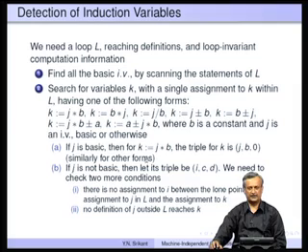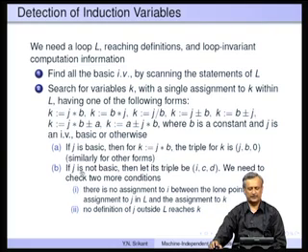If j is basic, then the triple for k is very simple: (j, b, 0). Similarly for other forms as well, if it is j + b, then we have (j, 1, b). Keep in mind that when you have (I, c, d), it is I * c + d, and we just put those constants here.